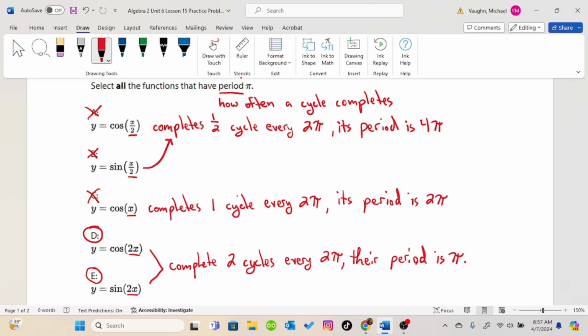If I multiply x by 1, it completes 1 cycle every 2 pi, and if I multiply x by 2, it completes 2 cycles every 2 pi, so its period is only 1 pi.